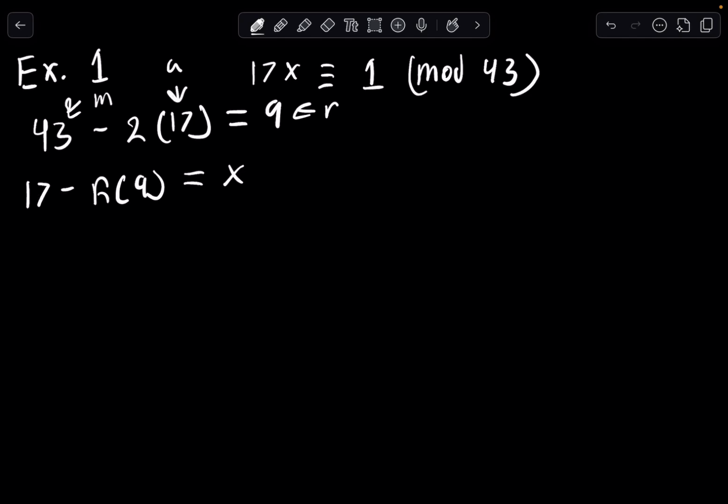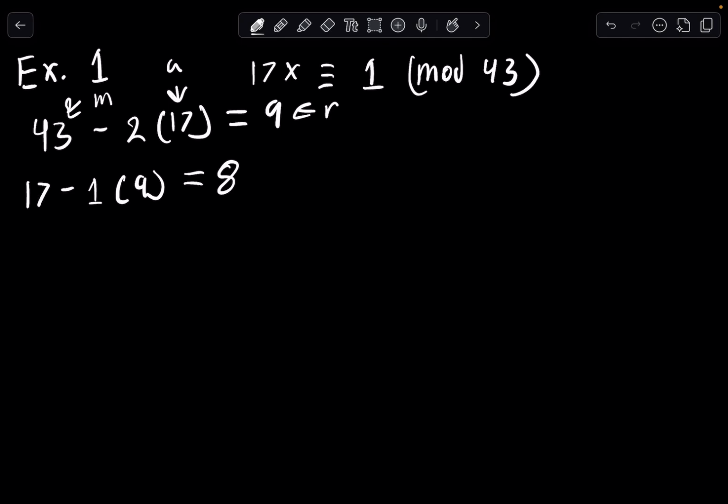Can we have any multiple k that'll get us closer but not greater than 17? I don't think so, because if we do this, we get 18, which is still greater. So k is just going to be 1 here. You could obviously take this out, because the 1 doesn't really change anything. So 17 minus 9, what does that get us? That should get us 8.